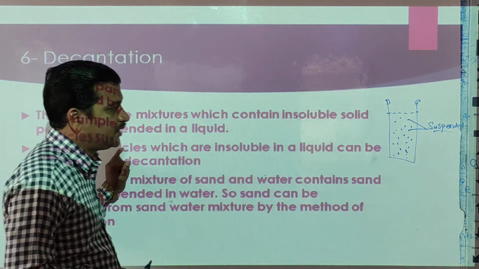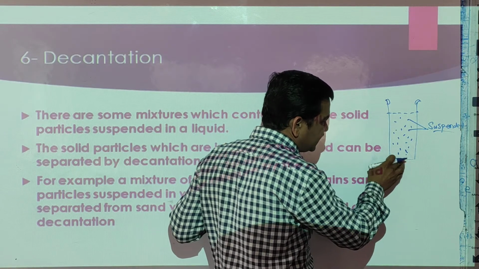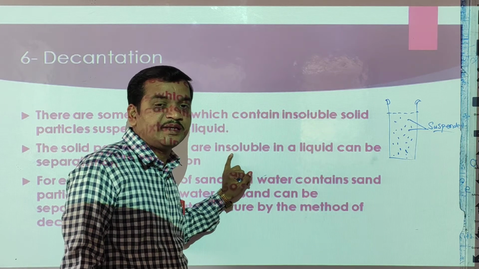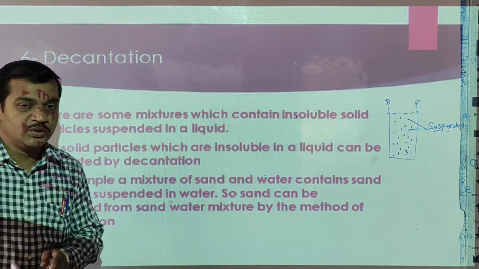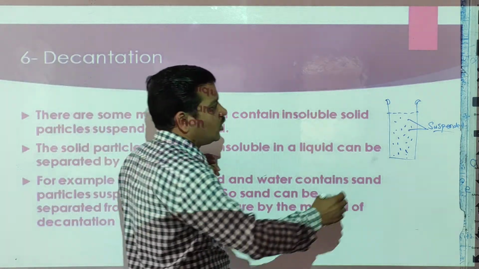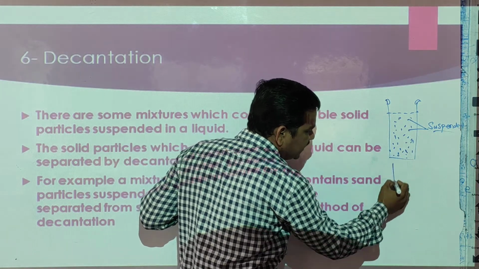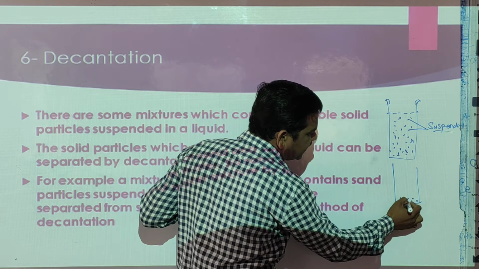So in this case, in the first step, all the suspended particles are allowed to settle at the bottom by the sedimentation process. So before the decantation, sedimentation is there. These particles settle at the bottom, so after some time you can see all these particles.